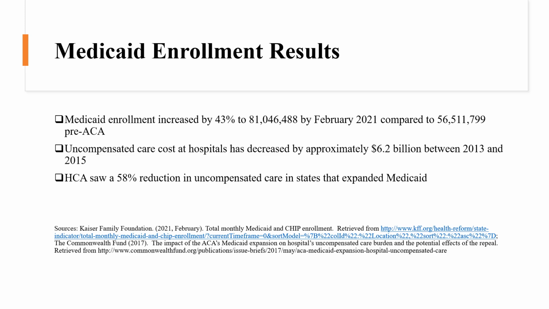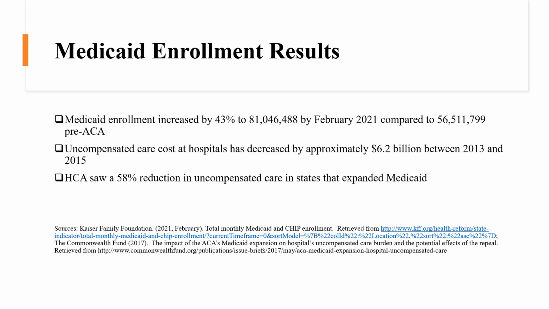Uncompensated care cost at hospitals has also decreased by about $6.2 billion between 2013 and 2015. If you think back to the presentation on nonprofit versus for-profit, there was a lot of discussion about charity care that has to be provided. Well, there's a lot less charity care that needs to be provided in the expansion states. So I think we need to consider that as we look at the value of those tax exemptions that are still being provided.